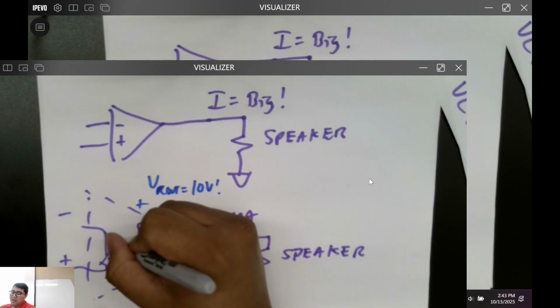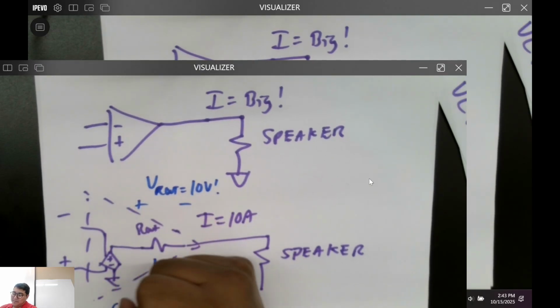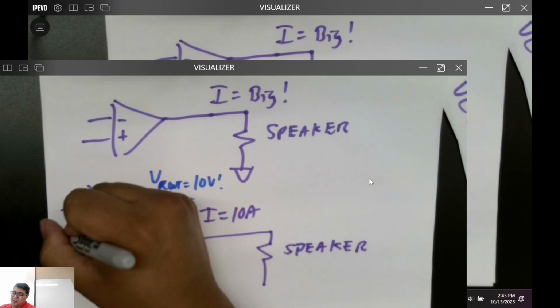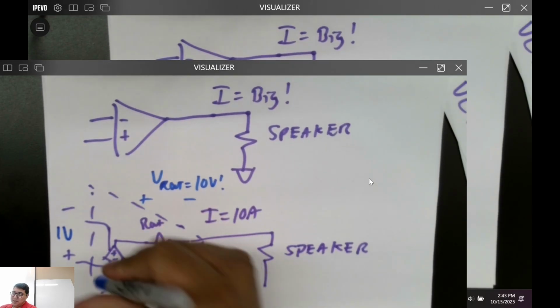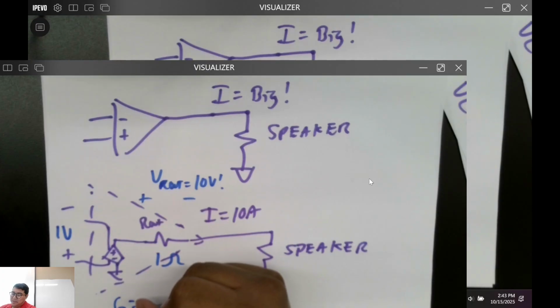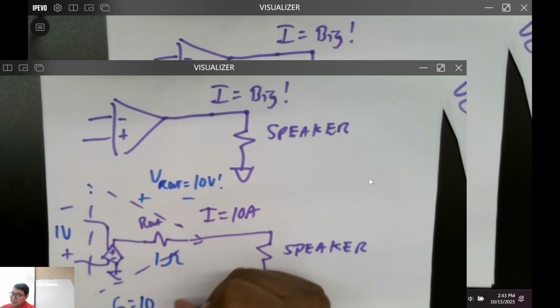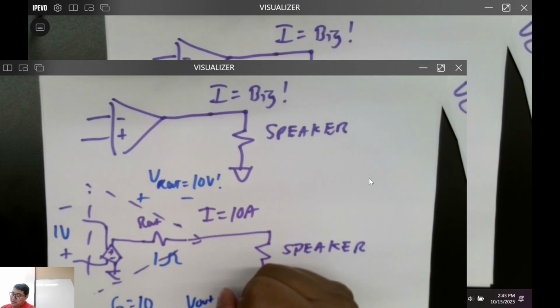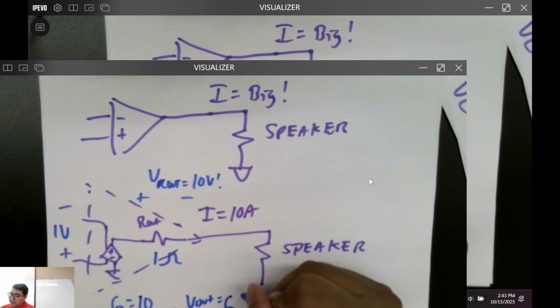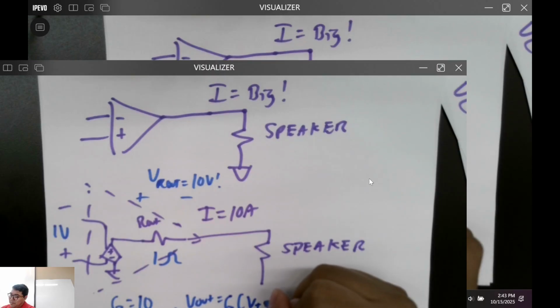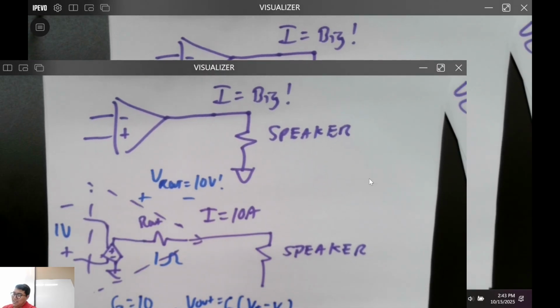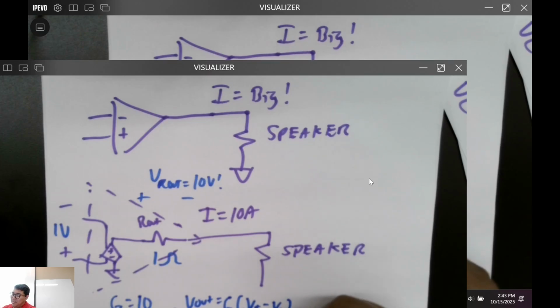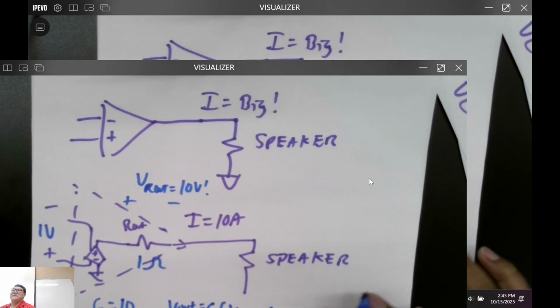So let's just say I'm trying to generate, the gain right here is just doing a 1 volt difference. And the gain was, let's just say, 10. That means V out should try to equal G times this difference, V plus minus V minus. And then I get 10 times 1 is equal to 10 volts. We want 10 volts right there.